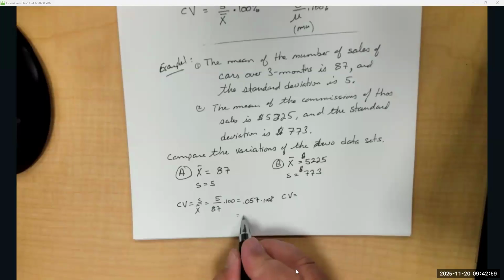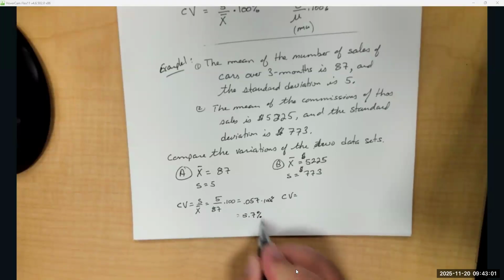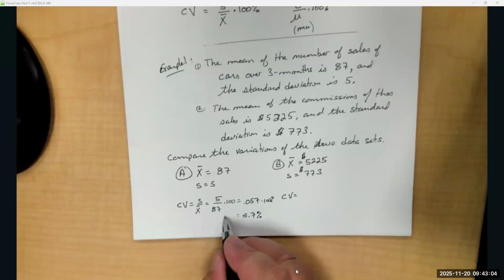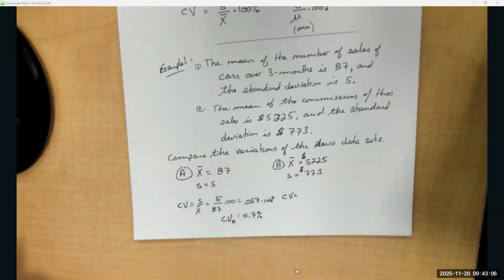That converts it to percent. So it's 5.7%. So the CV of my A group is 5.7%.